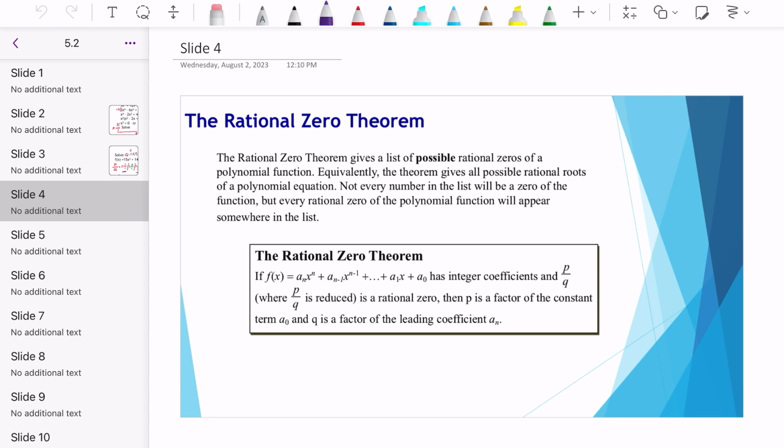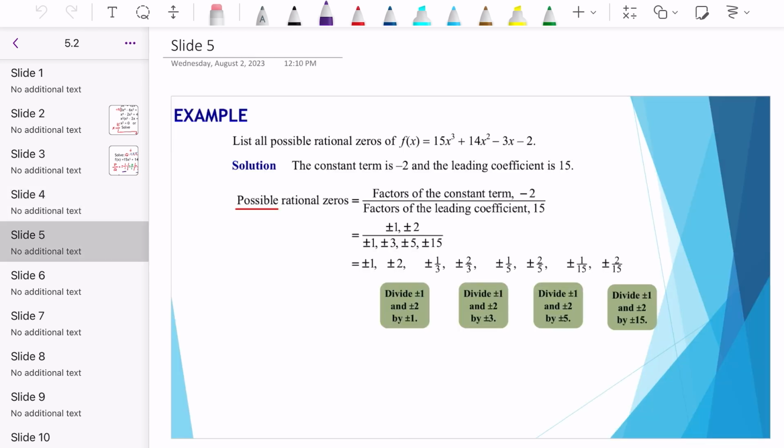We go on to slide 5. And in slide 5, we go ahead and show a breakdown of what is occurring. So keep in mind, here we start off with a list of possible rational zeros for our polynomial. First thing we do is we find our p's, we find our q's.